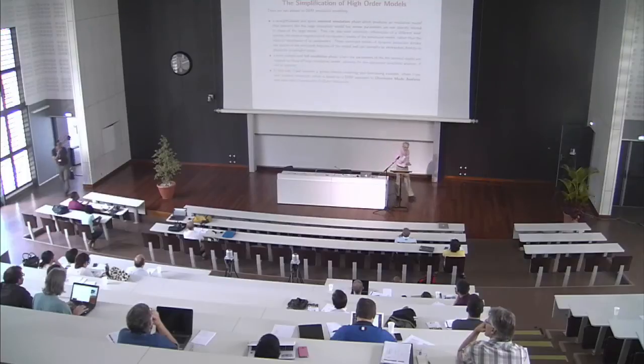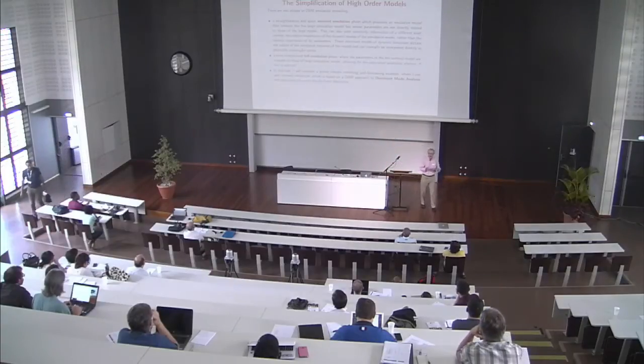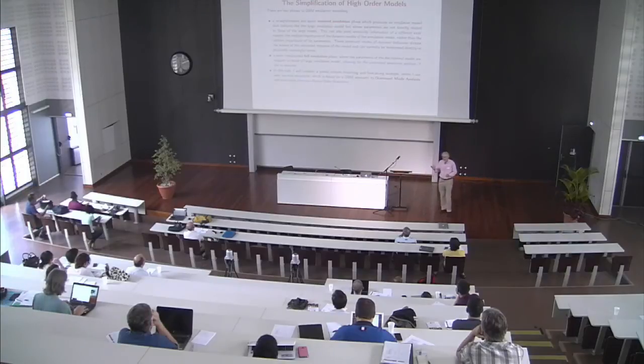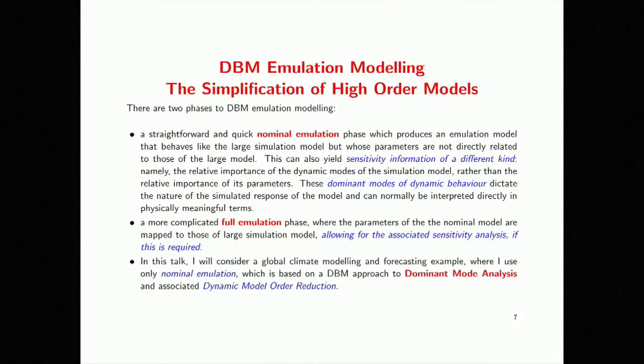Emulation modeling. Now, there are various ways of building a small model that behaves like a large model. And I'm not going to talk about all of those. I'm going to talk about the DBM approach to emulation, which is rather different to other approaches. Now, you'll see that this DBM approach can involve sensitivity analysis.